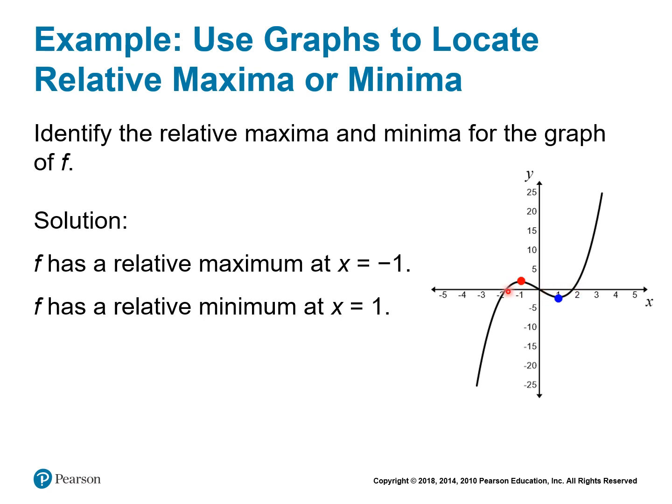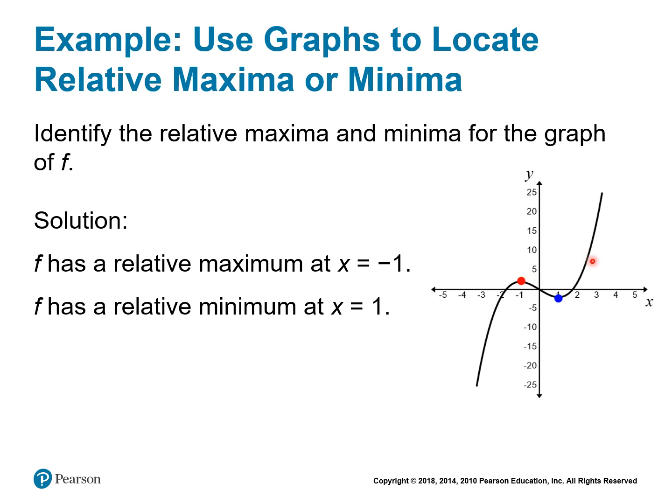Now, within this interval, the highest point is at x equals -1. At x equals -1, we have a point where the graph peaks. All right, it peaks and then it comes down. So the point where the graph peaks is called the relative maxima.